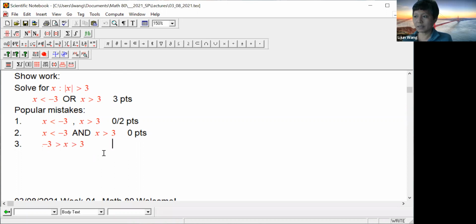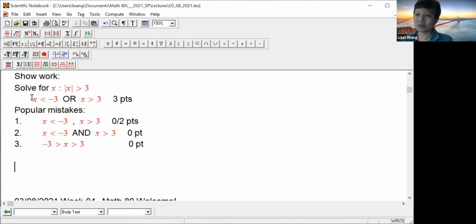For this mistake, you are going to get 0 points. Why? This is the all-time favorite mistake. When I was a TA in graduate school at USC, I saw this mistake. And sure enough, I've seen this mistake many, many times over and over again.